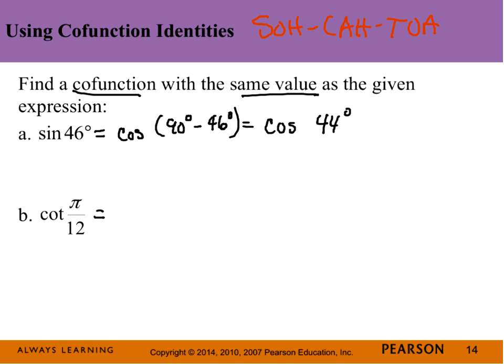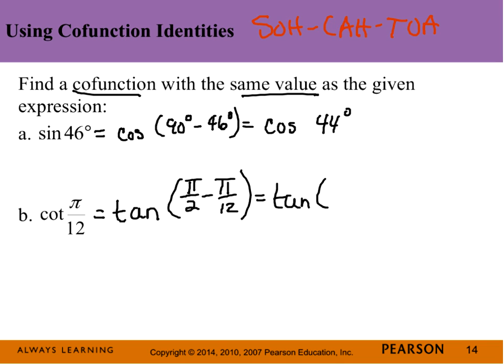So in this case, this is the same thing as the tangent. 90 degrees is equivalent to pi over 2 radians minus pi over 12 radians. This one's a little bit trickier because you have to be able to do your fractional math. So we have the tangent.